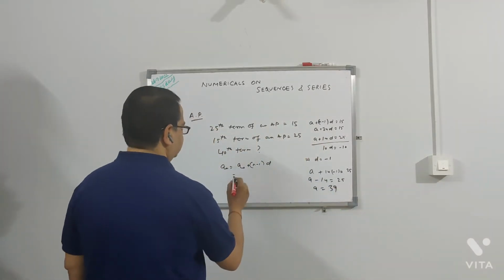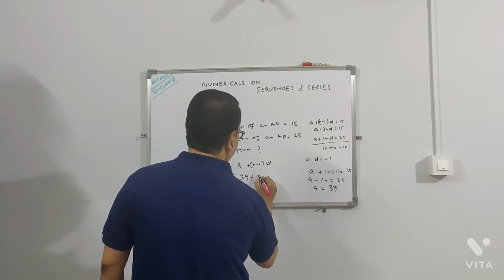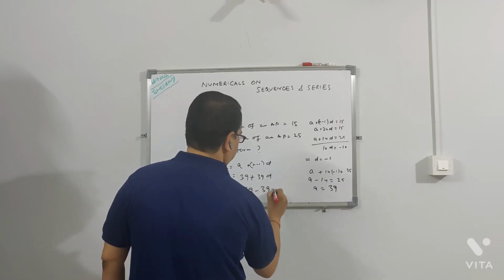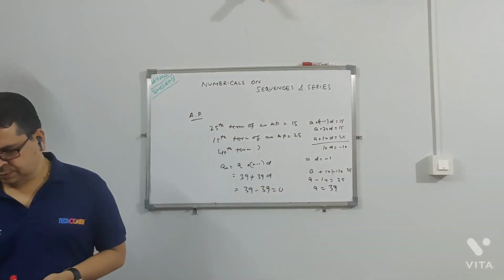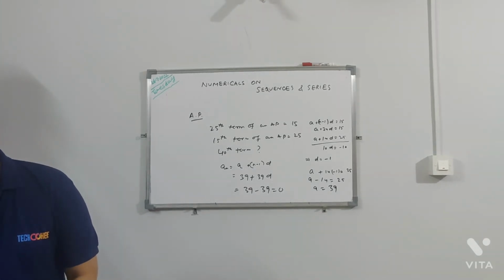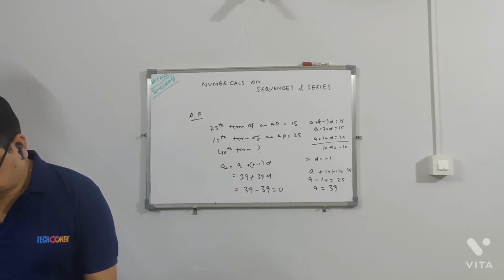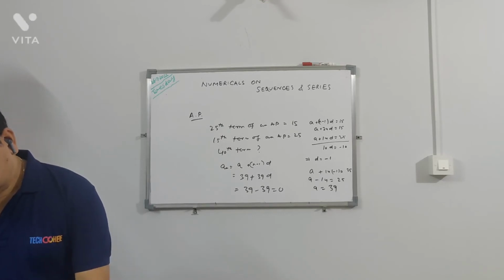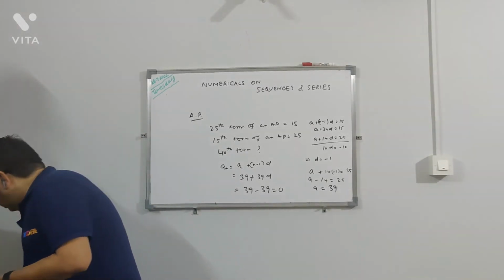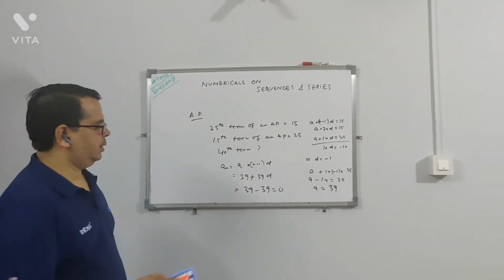So this is 39 plus 39d, which is 39 minus 39, equal to 0. So 0 is the answer. This is a very simple one.